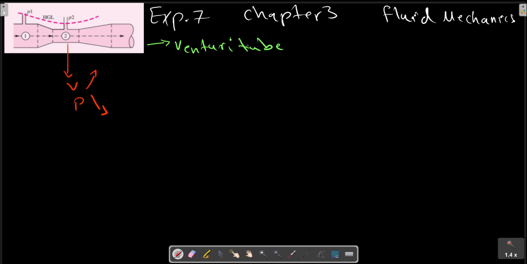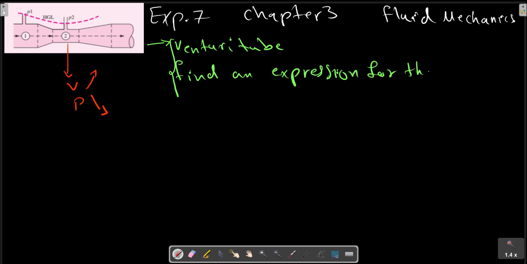Find an expression for the mass flux in the tube as a function of the pressure change.